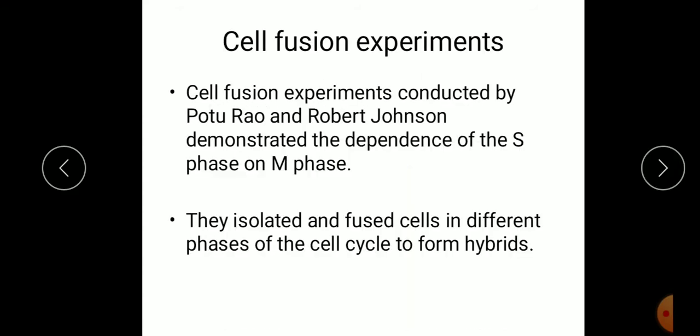The first experiment of cell fusion was carried out by Potu Rao and Robert Johnson. They conducted an experiment to demonstrate the dependence of S phase and M phase. In this experiment, they isolated and fused cells in different phases of the cell cycle to form hybrids.